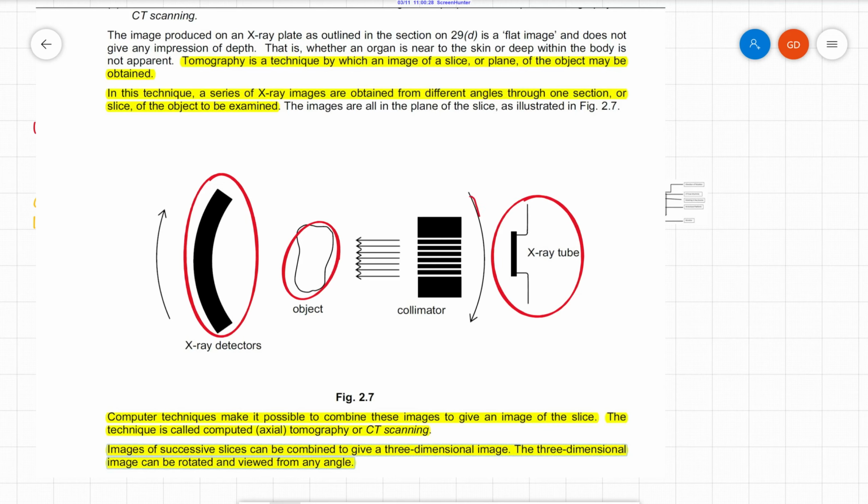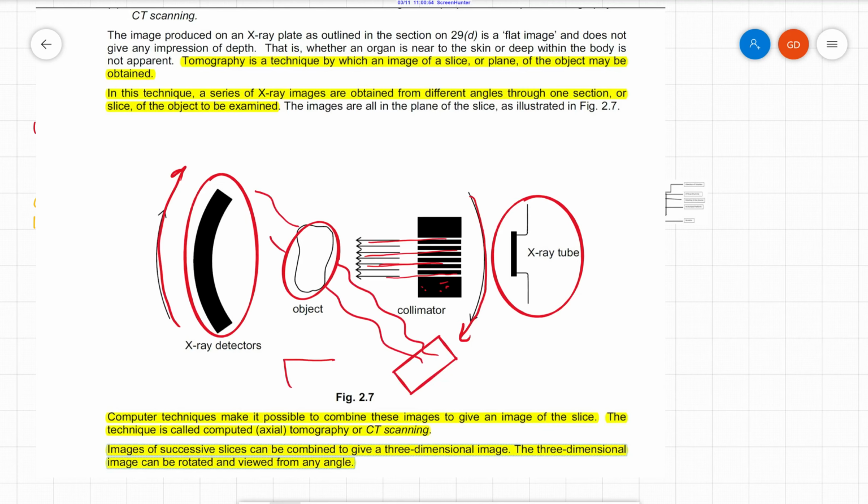the gantry is rotating around the patient, and a lead collimator is used to provide directional X-ray. The collimator is rotated as the X-ray penetrates at different angles.